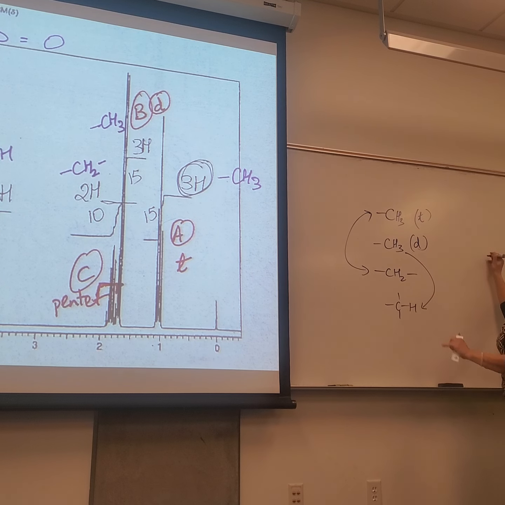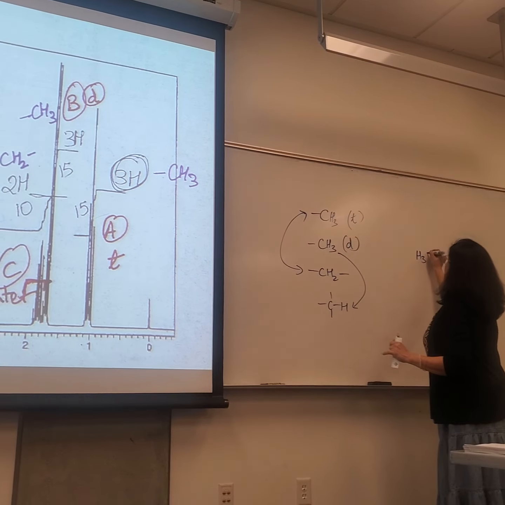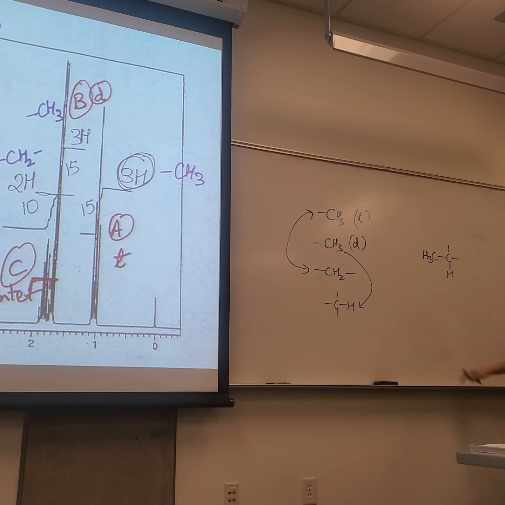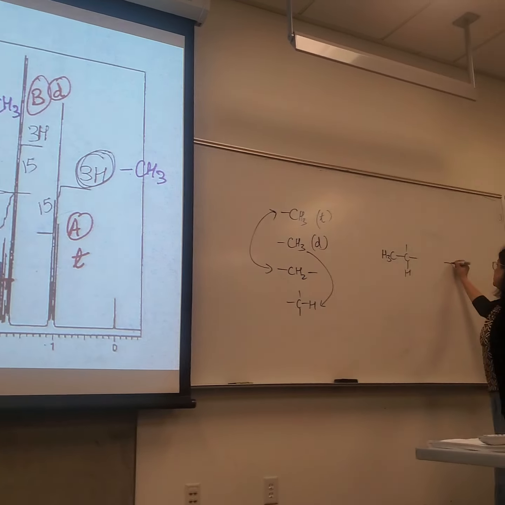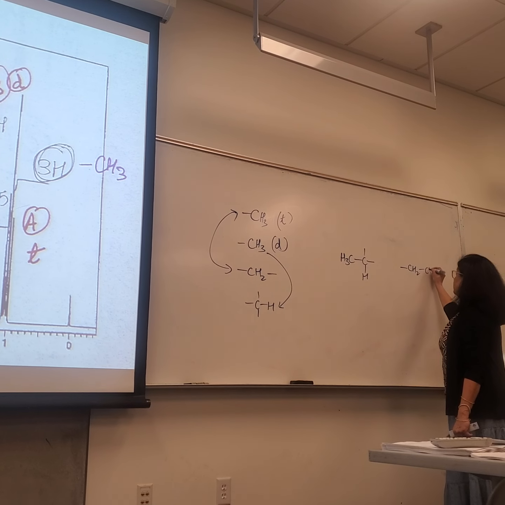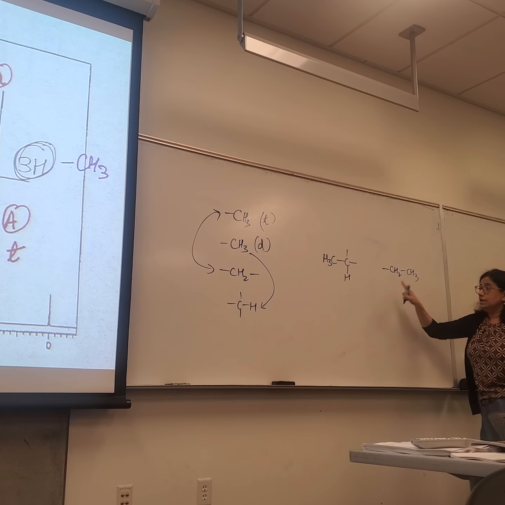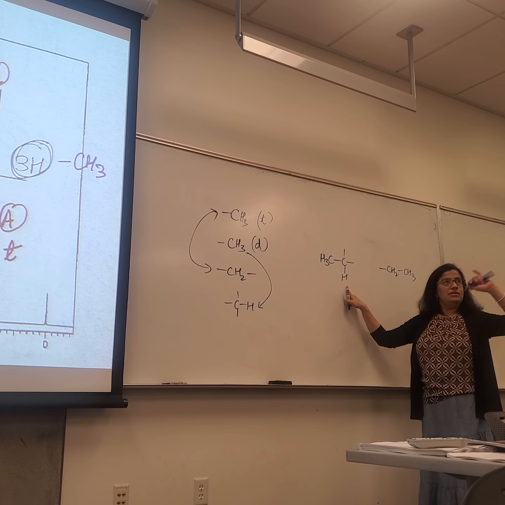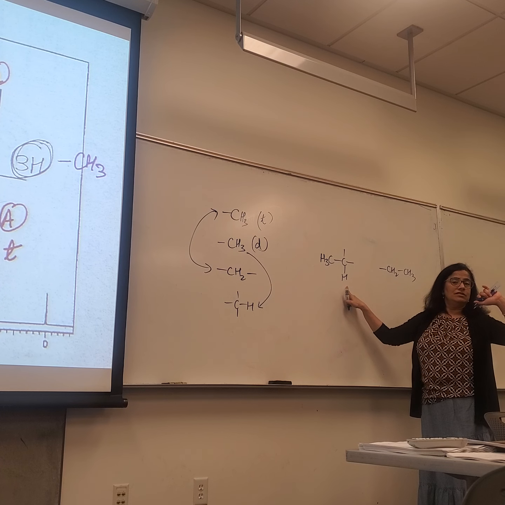So let me just put this together. Do you agree that there is that, right? That's a doublet. And then we also have a CH2, CH3 because this is a triplet. Now methine is a sextet. So how many neighbors does it have? It has 5.